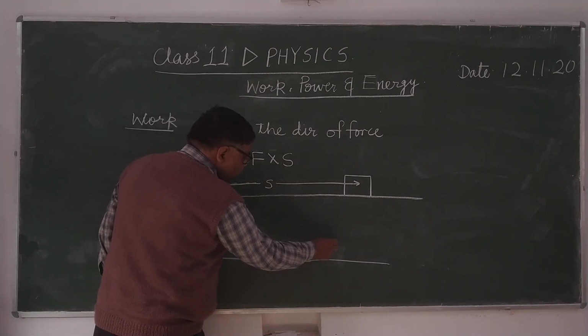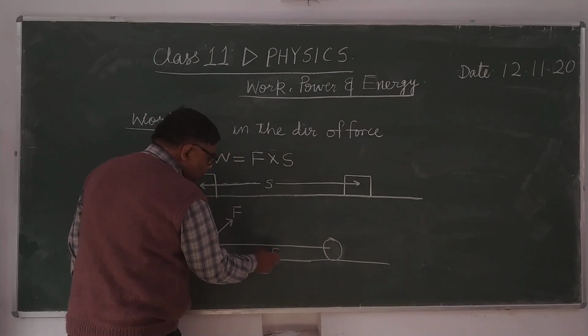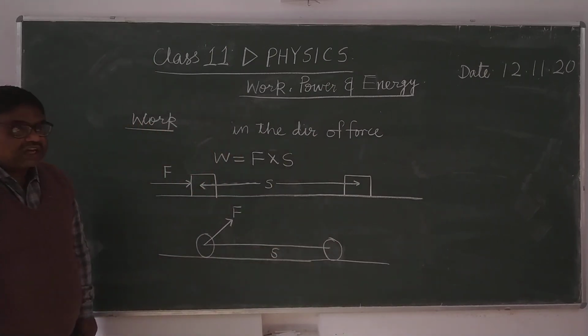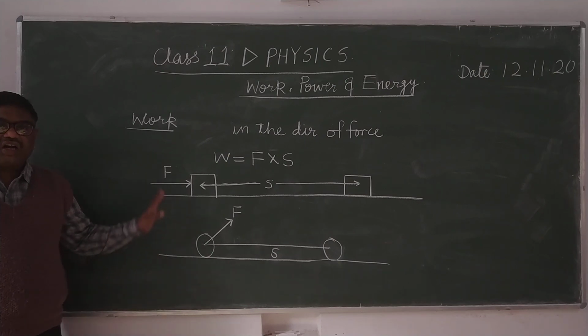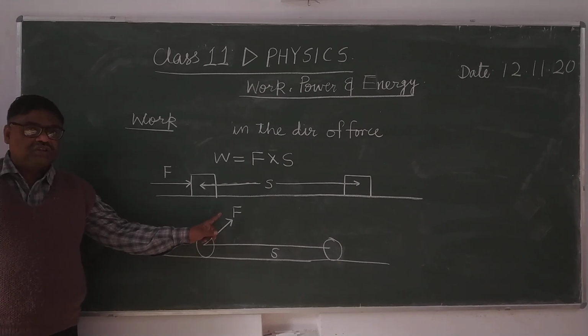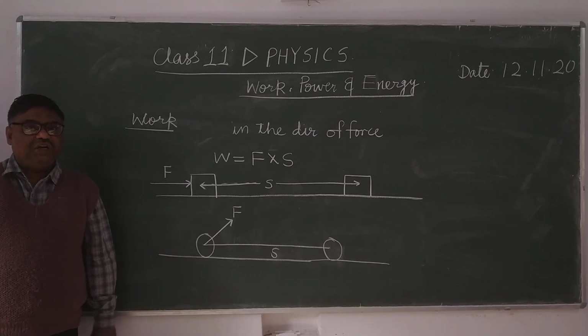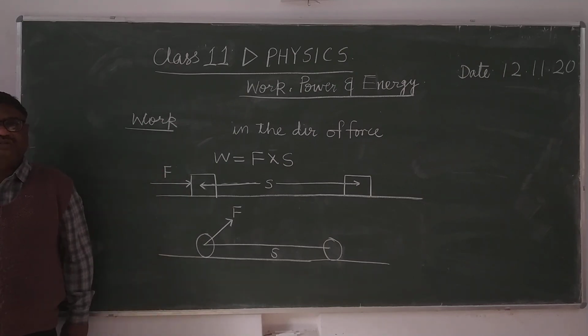Here the direction of force and the direction of displacement are not the same. So what will you do? We will resolve force in two directions: one in the direction of displacement and the other normal to the displacement.